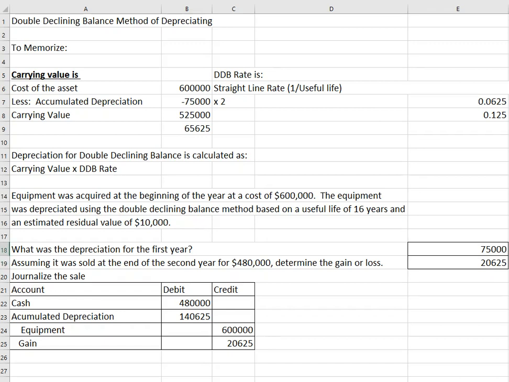We would have done that for year 1. Year 1 was $75,000. Year 2 would have looked the same. Depreciation expense and accumulated depreciation. But it would have been for year 2's, which was $65,625.